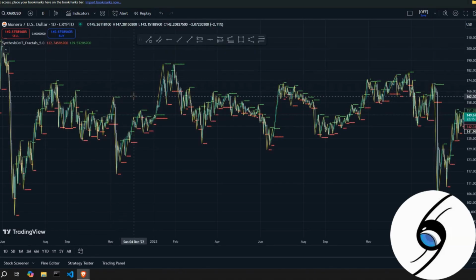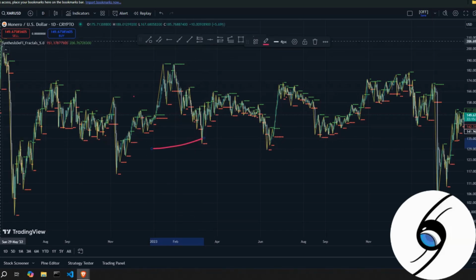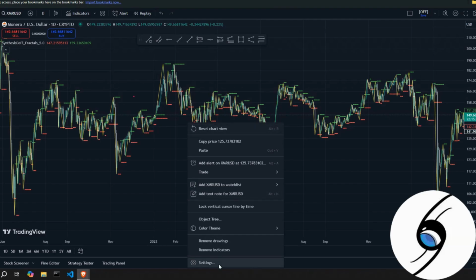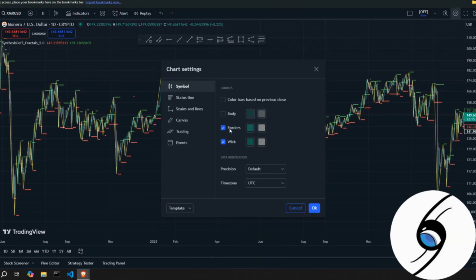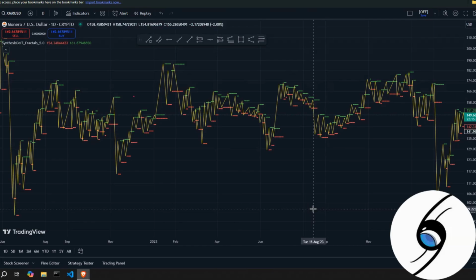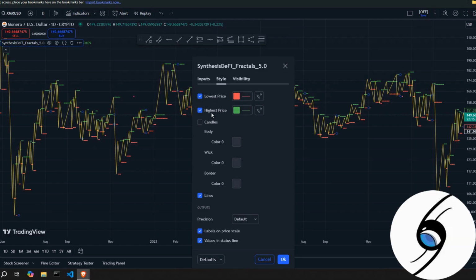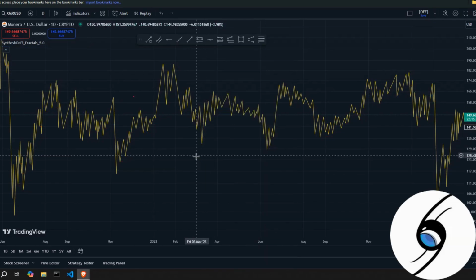For example, what I like to do with my indicator is use it to plot the tops and bottoms, and then what I do after that is remove the candlesticks.